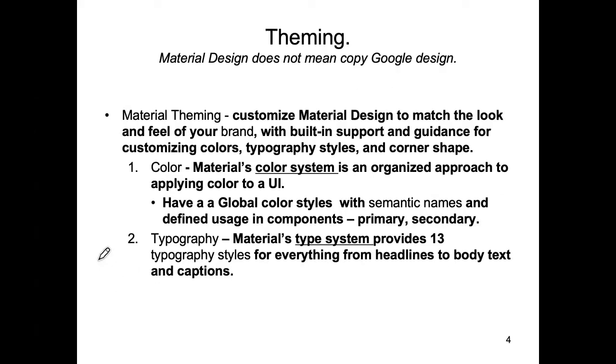Now, what Google were not trying to achieve from all of this work was to get the developer community to copy them. And so part of this material design system also talks about theming. By theming, we're talking about the use of color and the use of typography.